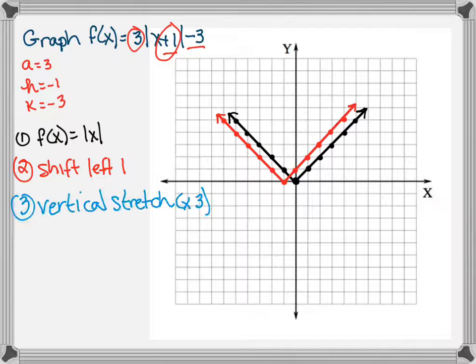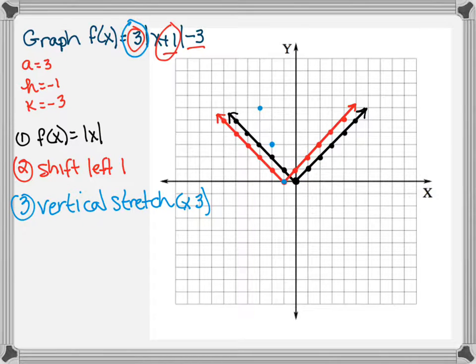But next, we will now vertically stretch the function by a factor of 3. When we're vertically stretching, we're looking at the distance a point is from the x-axis, and we are going to triple that distance. So the first point, which is at negative 1, 0, I'm looking at the vertex first, it's not off of the x-axis, so it's going to stay there. But then my negative 2, 1, I'm going to triple that distance to make it negative 2, 3.